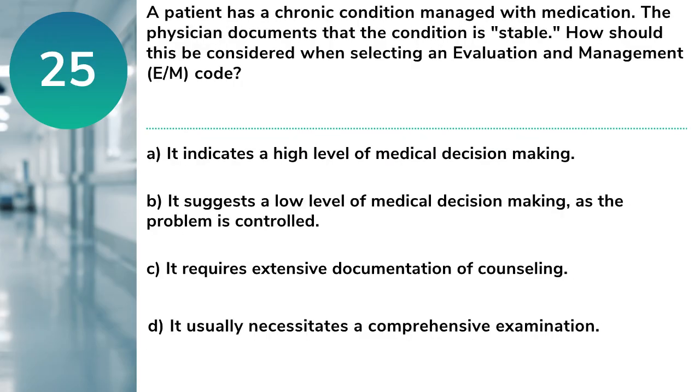Question 25. A patient has a chronic condition managed with medication. The physician documents that the condition is stable. How should this be considered when selecting an evaluation and management, E/M, code? A. It indicates a high level of medical decision-making. B. It suggests a low level of medical decision-making, as the problem is controlled.